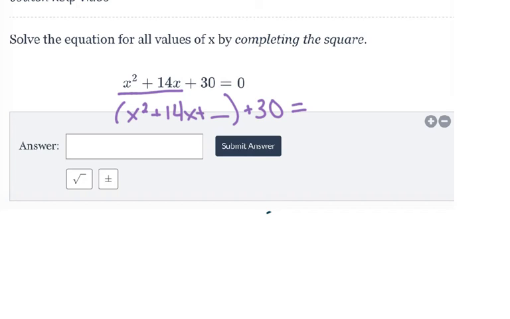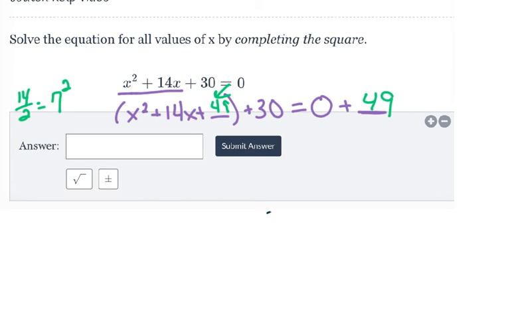We'll do that in a moment. Equals 0 plus something. What is that something? What are you going to take half of? Hopefully you said 14. So that's 7. What do you do with that number? Hopefully you said square. So 49 is going to be added to both sides.